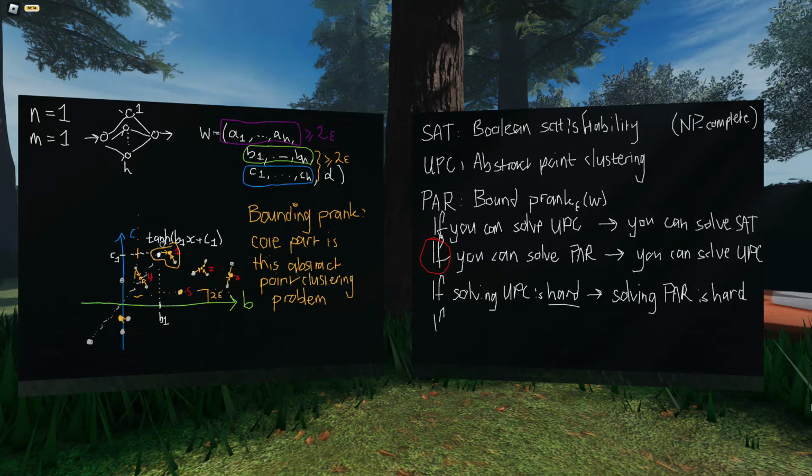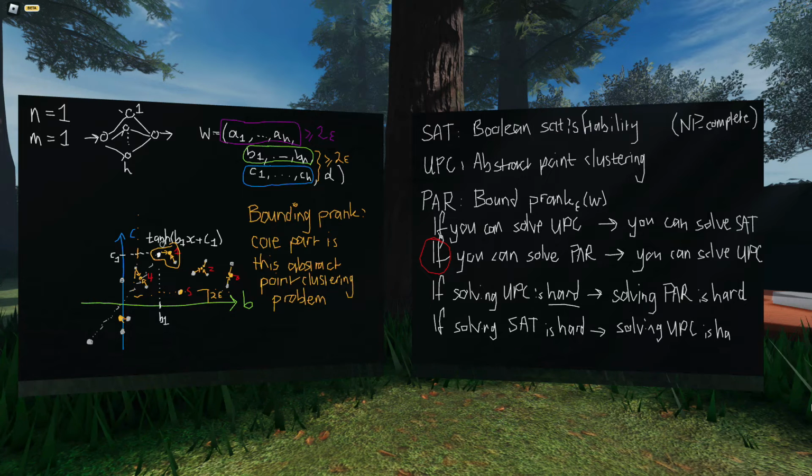And then you get, if solving SAT is hard, then solving UPC is hard, which means solving PAR is hard. If you put all of these together, you get solving PAR is hard, because solving SAT is known to be hard.